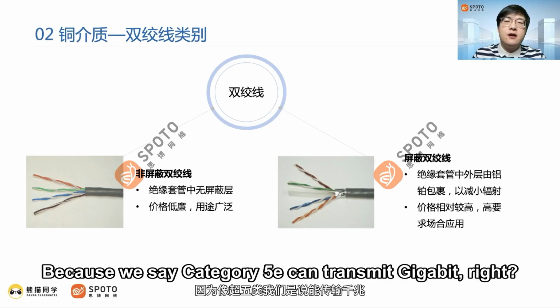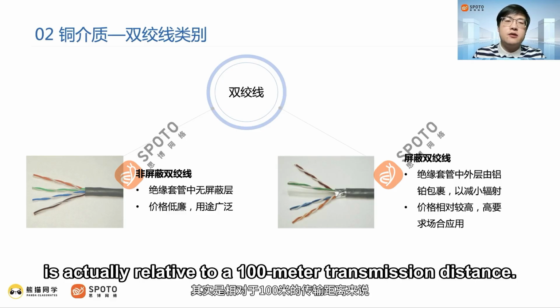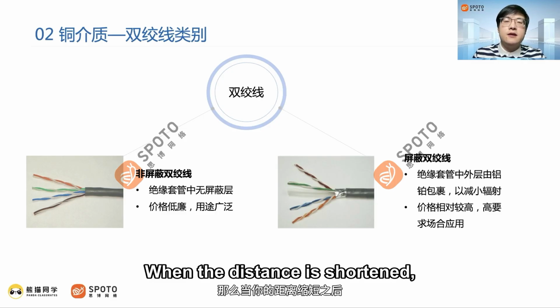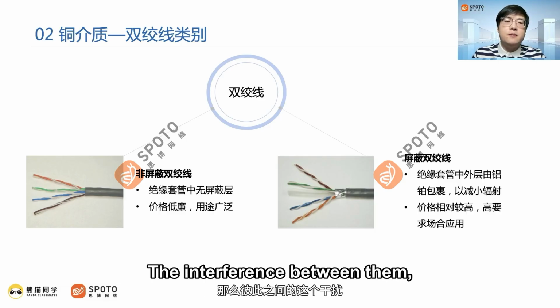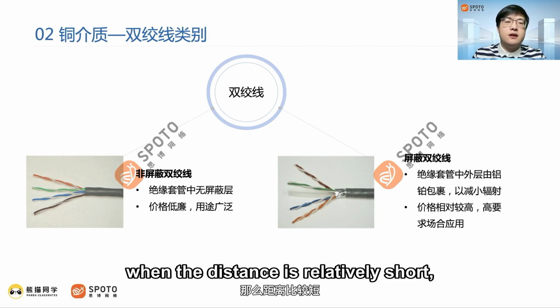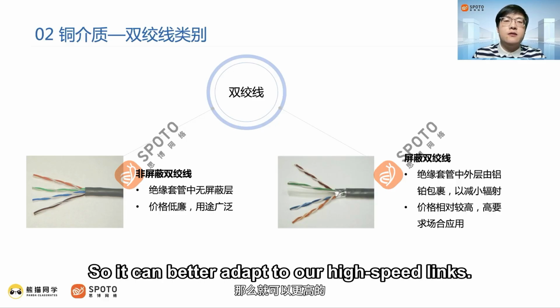Because we say Category 5e can transmit gigabit, right? This standard is actually relative to a 100-meter transmission distance. When the distance is shortened, the interference between the electrical signals on this cable will be relatively less. So it can better adapt to our high-speed links.